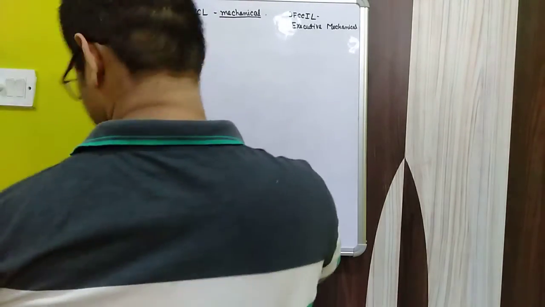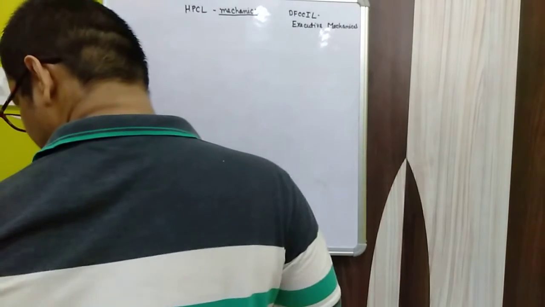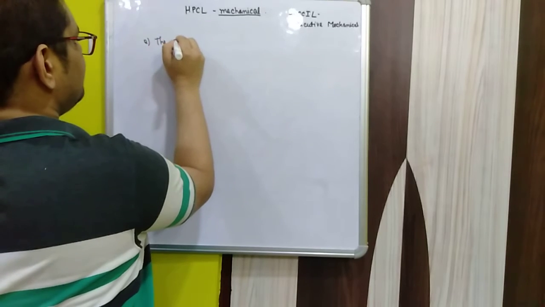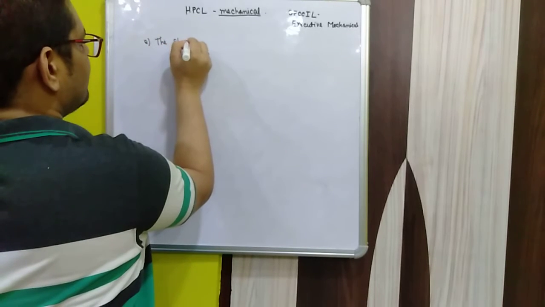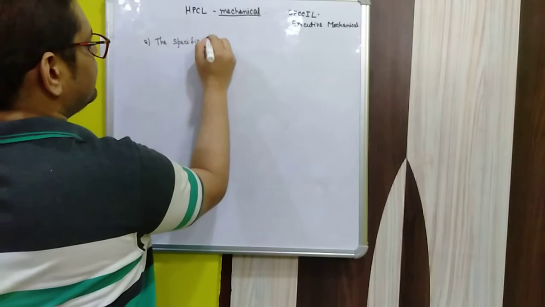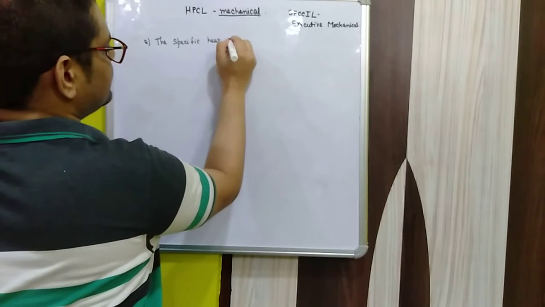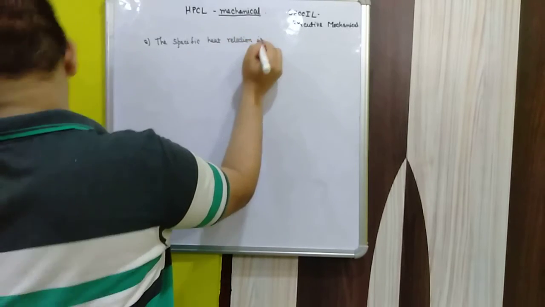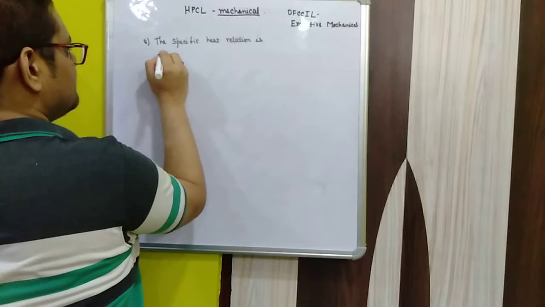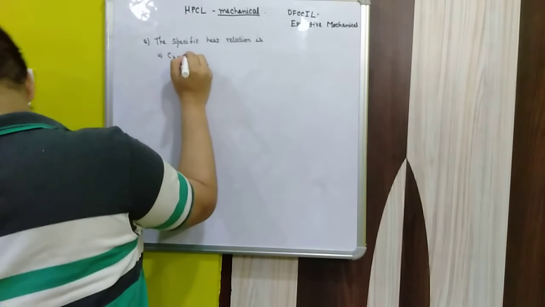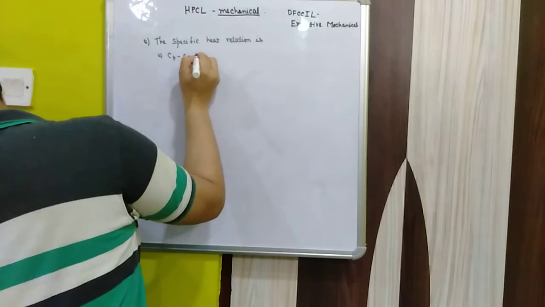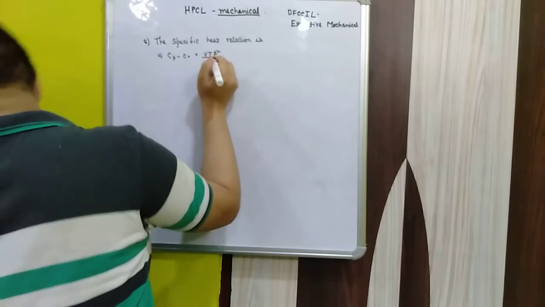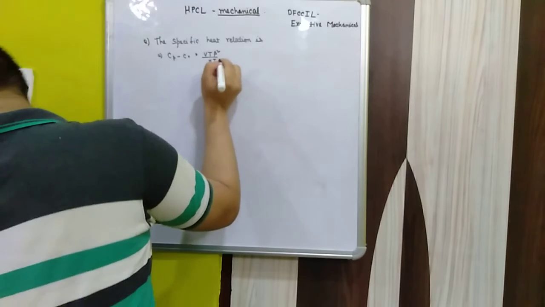The next question is very much important for the exam, that is the specific heat relation. Option A is given as Cp minus Cv is equal to Vt beta square divided by Kt.